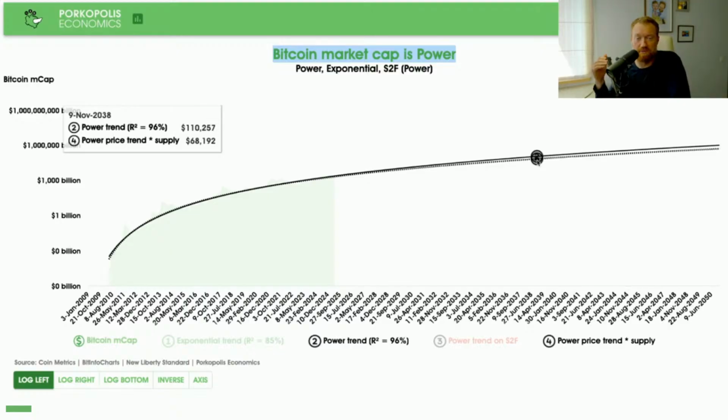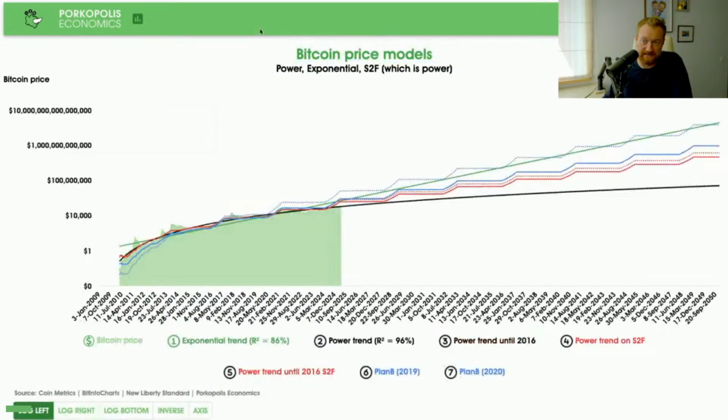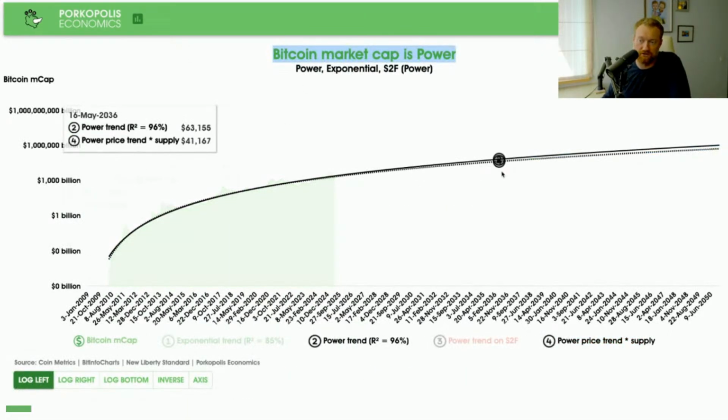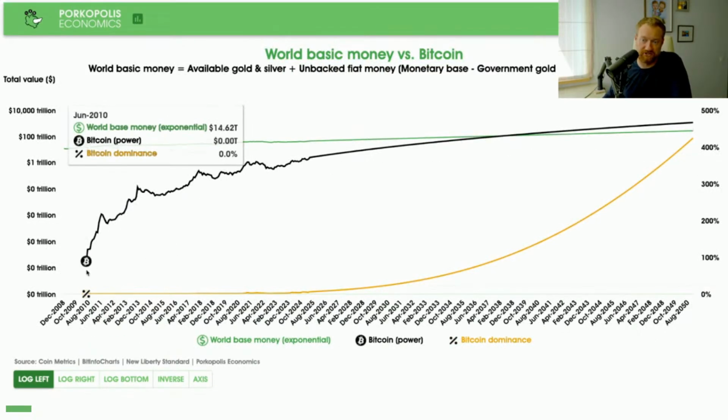But if you run the power trend on the price, i.e. this slide, and then multiply it out by the presumed Bitcoin supply in the year 2038, you're going to get a market cap that is only 65 trillion. And then in this chart, I was even doing a market cap on only monthly frequency. So it's going to be different still.